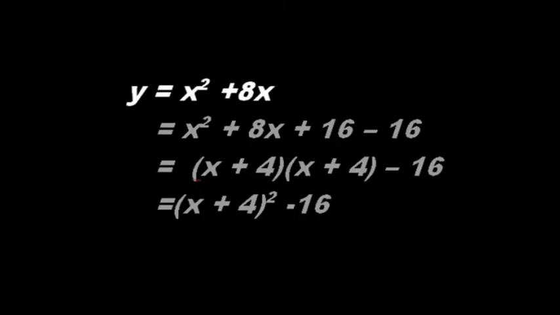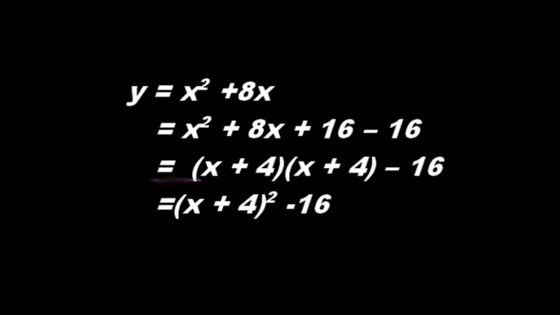For example, y equals x squared plus 8x. We halve the coefficient of x and square it to add 16 on, and then take 16 off. As a result of this, we get a perfect square from the first three terms of x plus 4 multiplied by x plus 4, minus 16 still there, which becomes x plus 4 all squared minus 16.